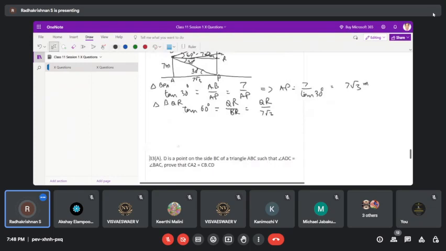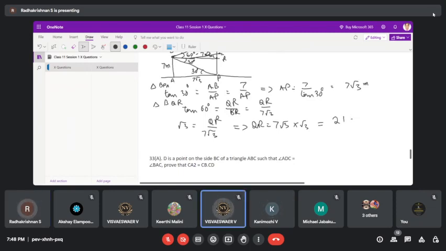And what is tan 60? Root 3. Root 3 equal to QR by 7 root 3. So that means QR is 7 root 3 into root 3. What is 7 root 3 into root 3? So 7 into 3, answer is 21. Good.